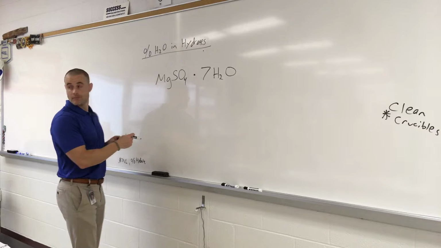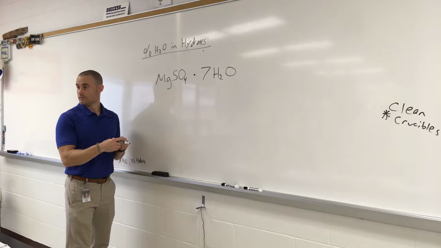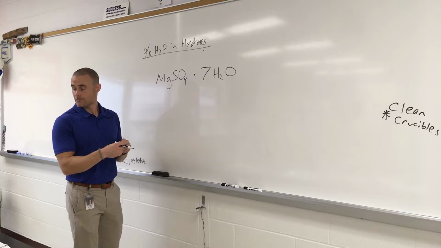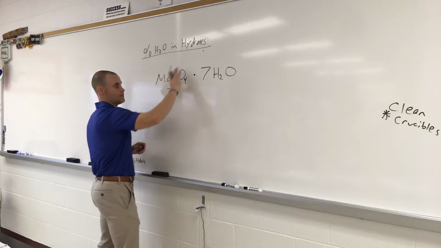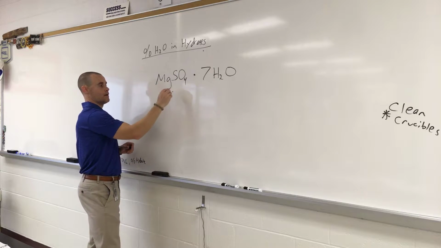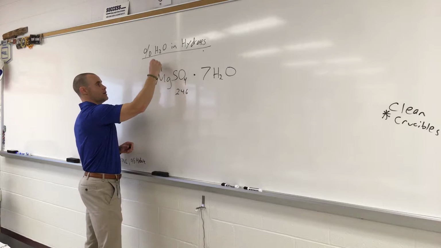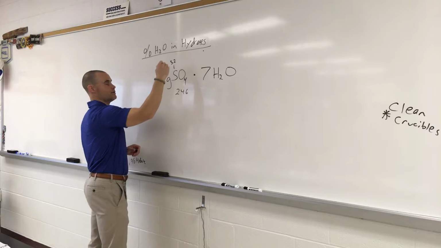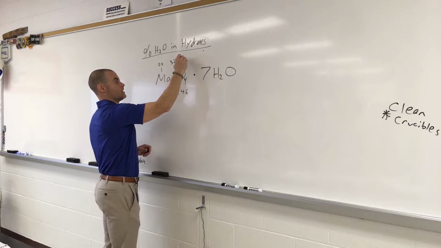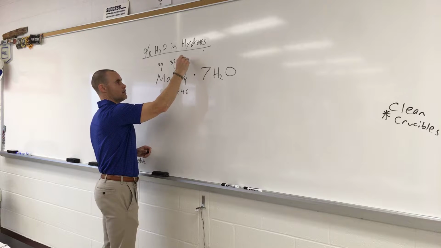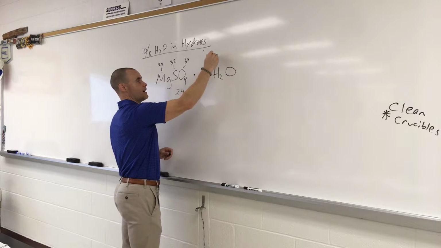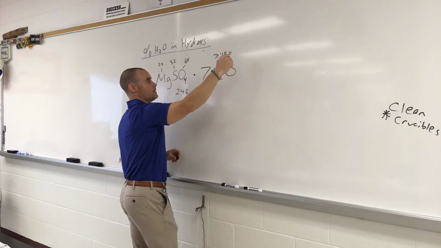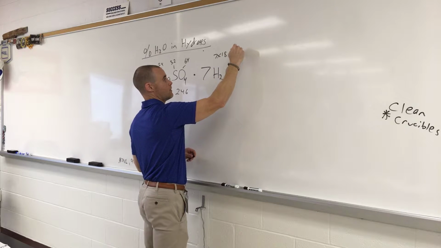How do we do that, Liz? The grams of water over the total. What's the total mass of everybody here? 246. So you did 24 plus 32, plus 64. And then 7 times 18 is 126.